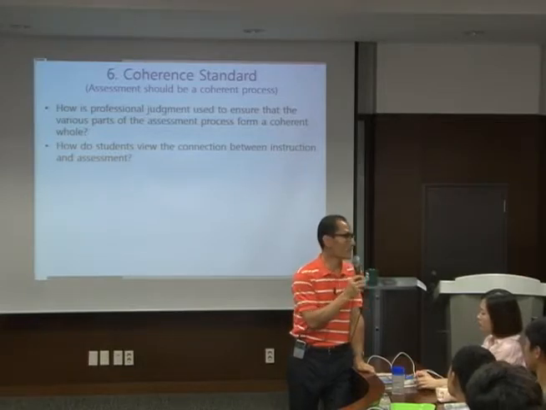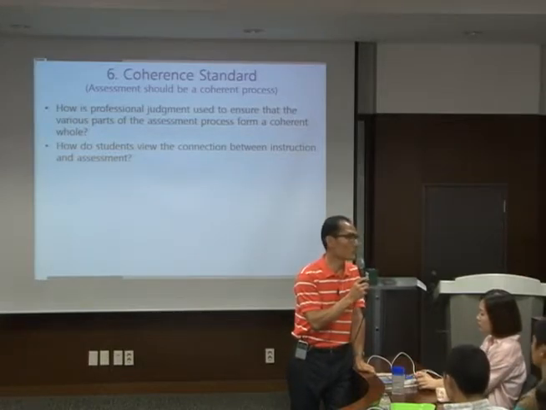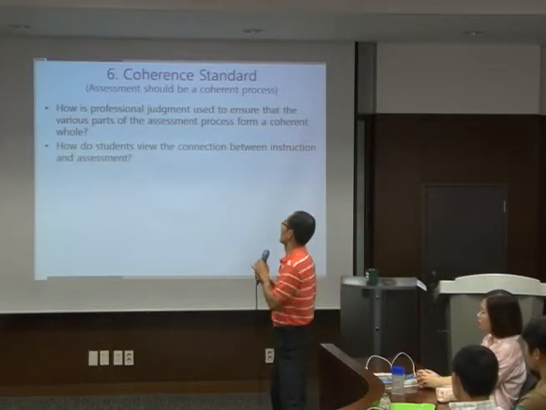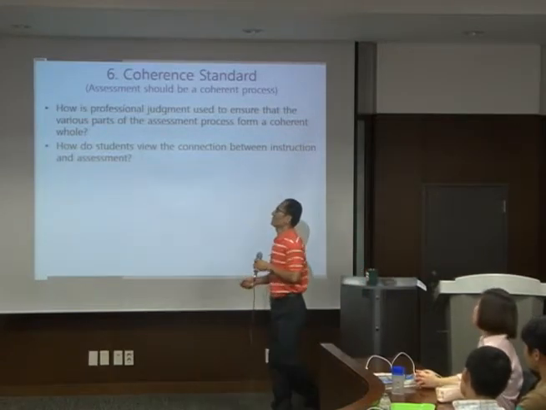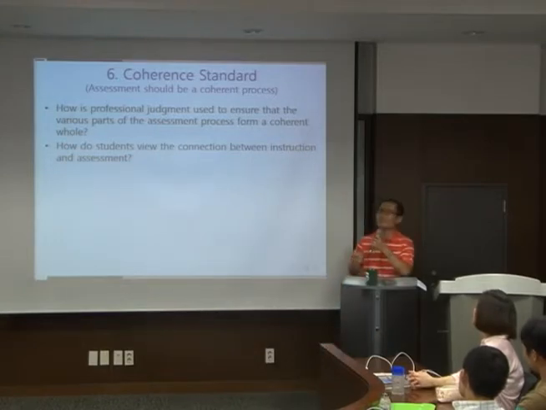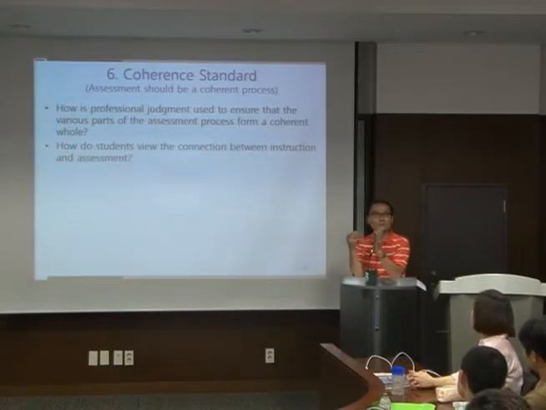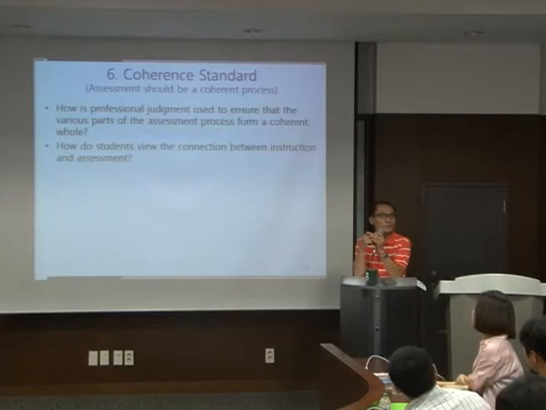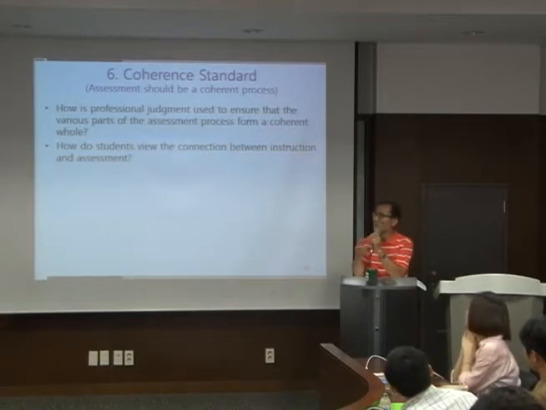I don't think that's good teaching, if a student feels that way. So you need to think about it. Students should at least see the connection between instruction and assessment. Oh, my teacher emphasized this one. Obviously, in the midterm and the final exam, I can expect what kind of content should be in the assessment.